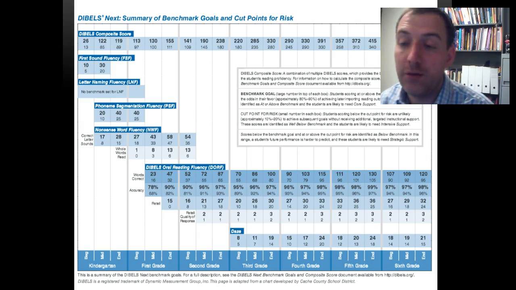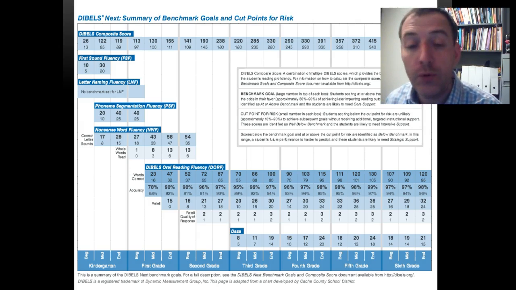That'll be something interesting for us to explore. If you do a full class, we can actually develop your own cut points for your class, with the students in your class being the reference group, to understand who is at the bottom 10%, bottom 20%, or the top 10%.